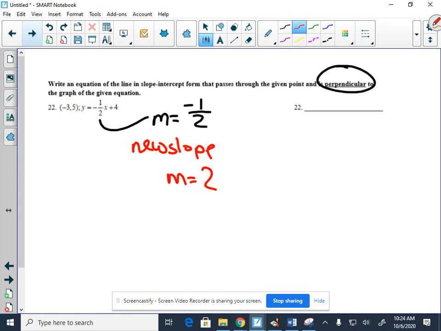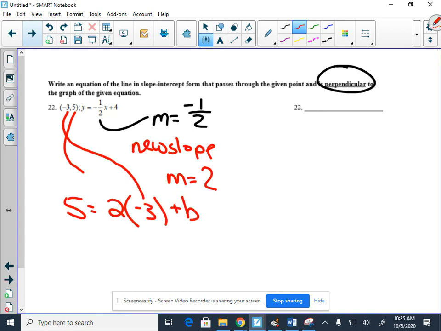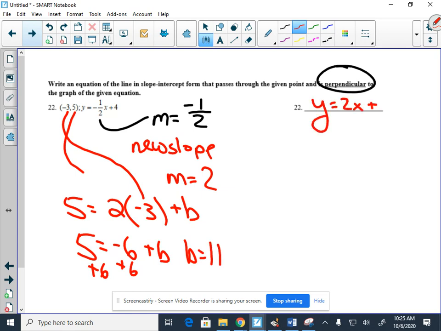So now we do the same thing. Y equals m times x plus b. 5 equals -6 plus b. We add 6. B is 11. And y equals 2x plus 11.